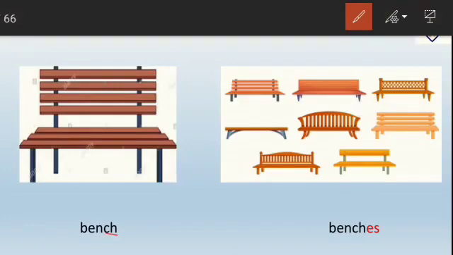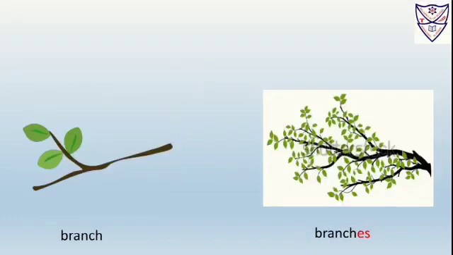Bench is ending with ch. So when the word ends with ch, to make it plural we are adding es. So bench, benches. Branch, branches. Here again the word is ending with ch, so to make it plural I will add es.